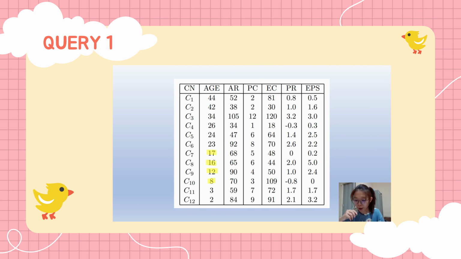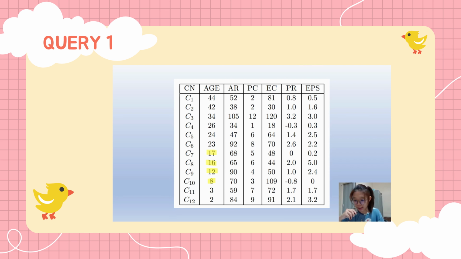So they will have a degree of membership in the term mature, and it was recorded. The other values of the domain of age, such as 44, 42, 34, and 26, are not in the interval 5 to 20, so they have 0 degree of membership in the term mature.